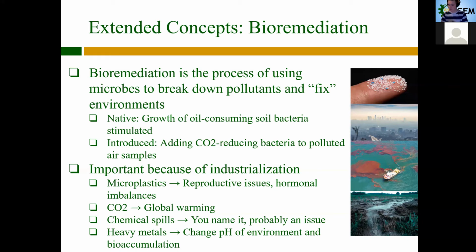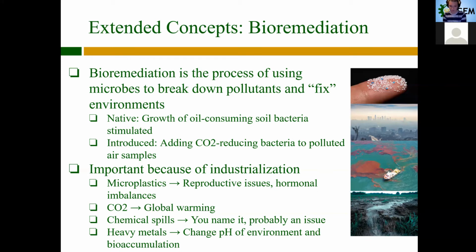And actually the biggest source of microplastic intake is plastic water bottles. So every time you drink out of a plastic water bottle, you are getting a huge dose of microplastics. So we're trying to use bacteria to break down these microplastics to save ourselves and also save the aquatic life.